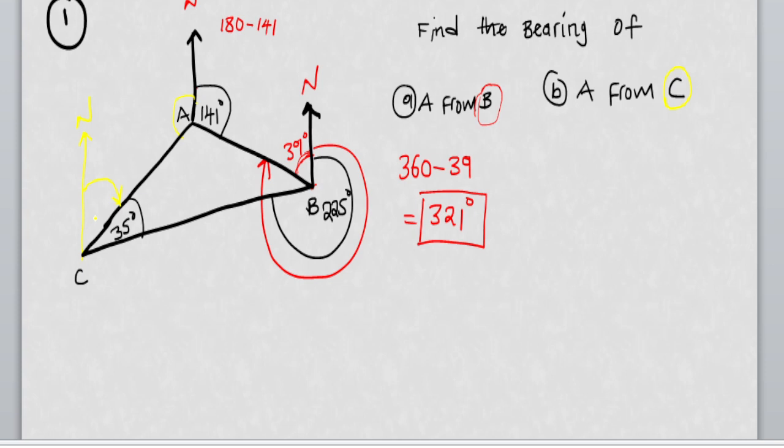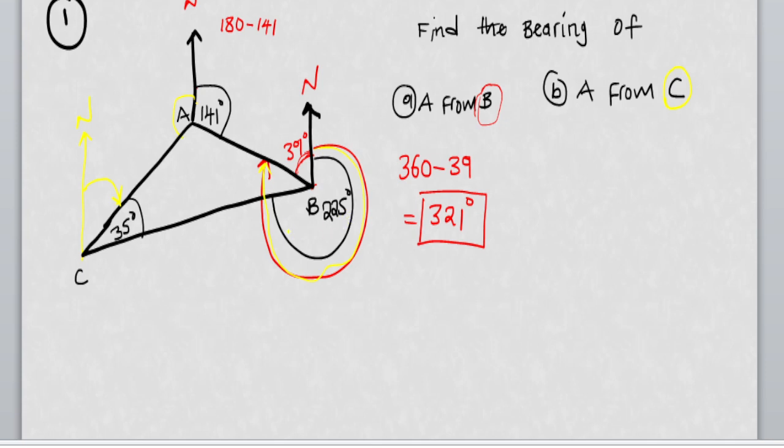So now, what are we going to do? What we're going to do is basically the following. Okay, so we know to say the 321 is this distance here. Let me show you. So this bearing, this angle is equal to 321. Then the one which is inside is 225.